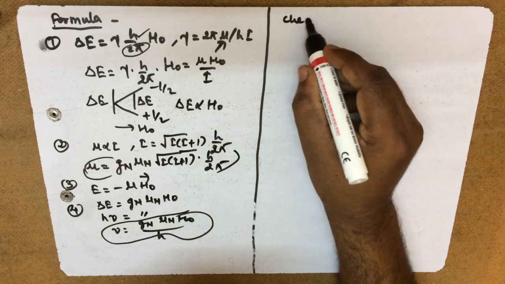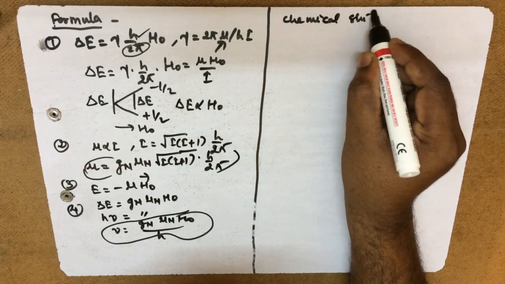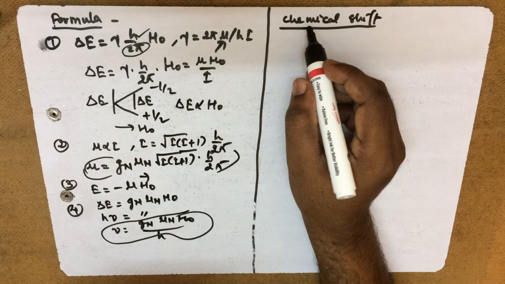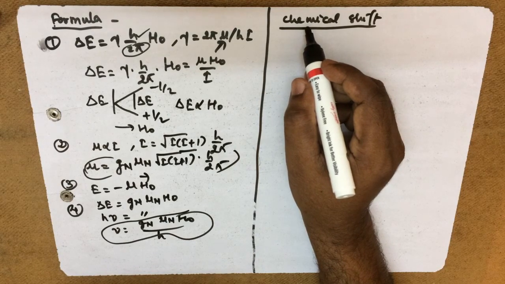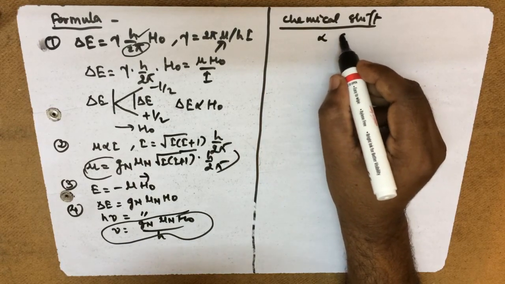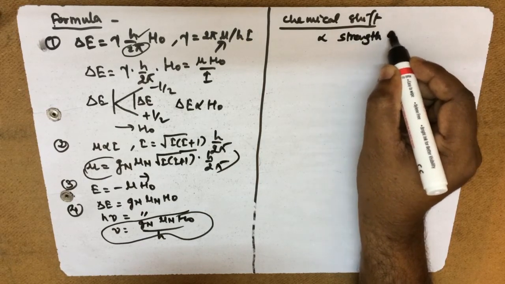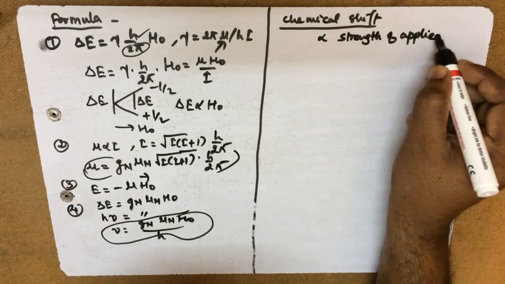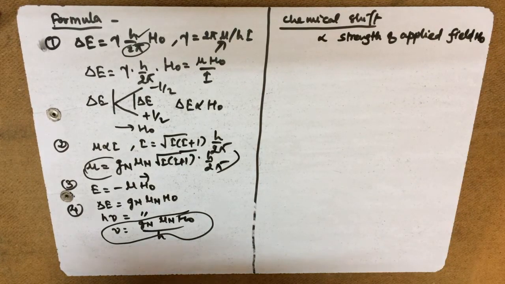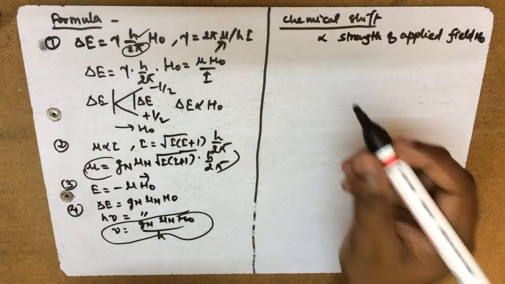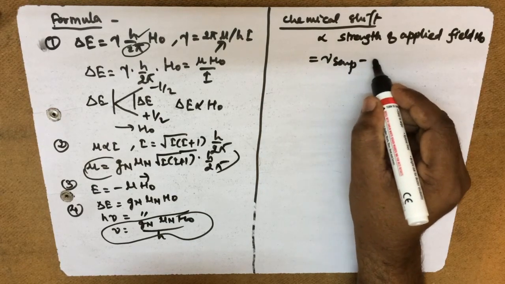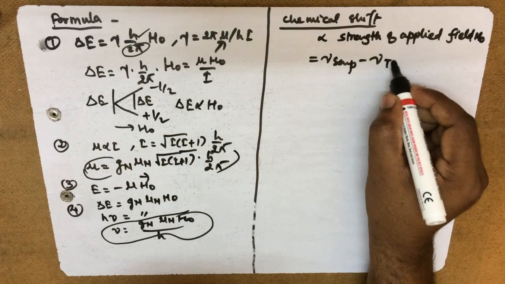So what is chemical shift? It is directly proportional to the strength of the applied field at 0, and the chemical shift value is equal to the difference of the sample minus the reference TMS, tetramethylsilane.